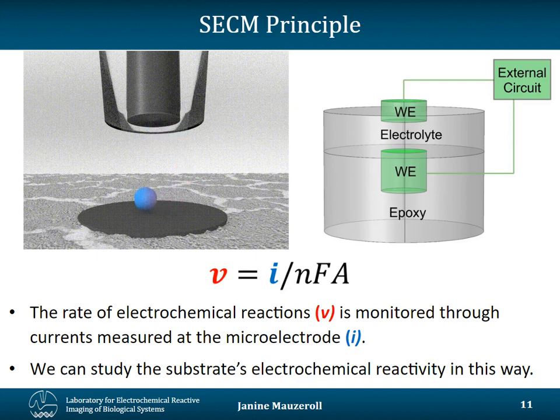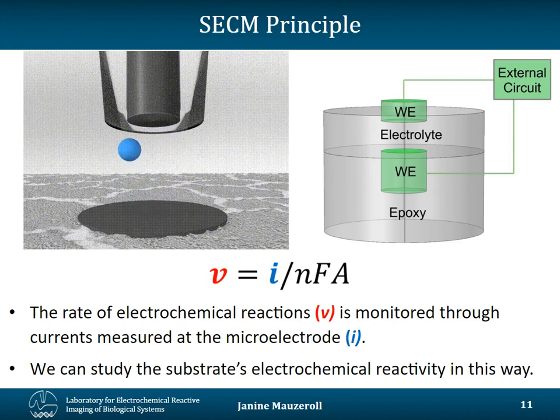So fundamentally, my SECM is monitoring the ping pong match between the redox mediator in solution and the surface, as you see in the animation on the left. And what we're measuring is the current, and that is related to the rate of the electrochemical reaction that's occurring in solution.